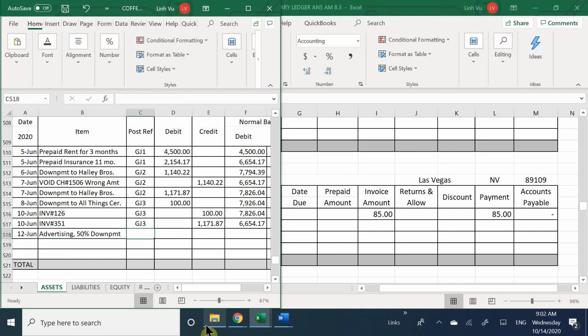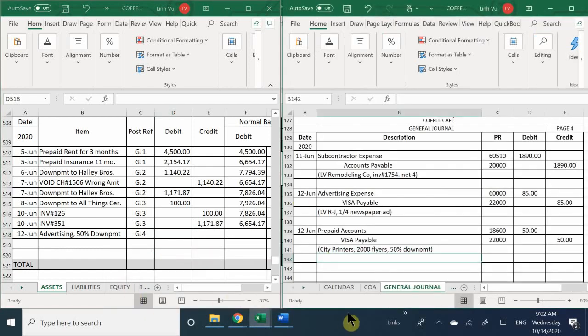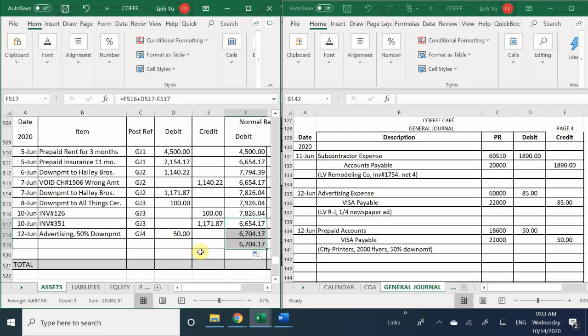Okay, General Journal number 4. I'm increasing my prepaid accounts by $50 on the debit side, so I'm going to place it here. With my calculation, I should now be at $6,704.17.